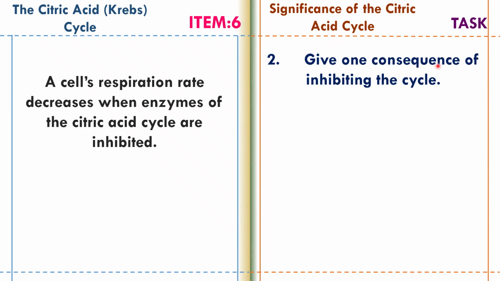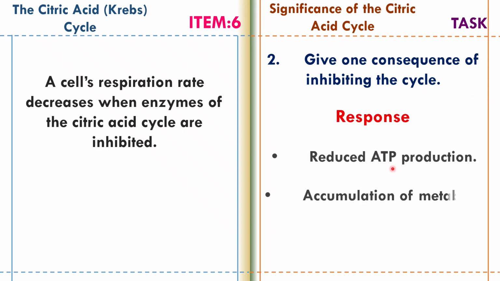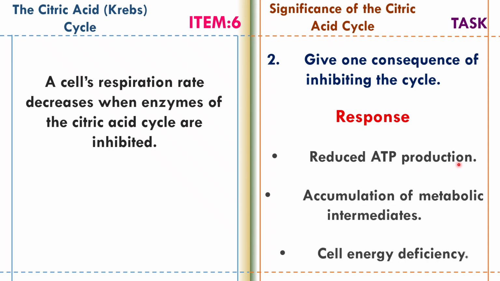Give 1 consequence of inhibiting the cycle. Reduced ATP production, accumulation of metabolic intermediates, cell energy deficiency.